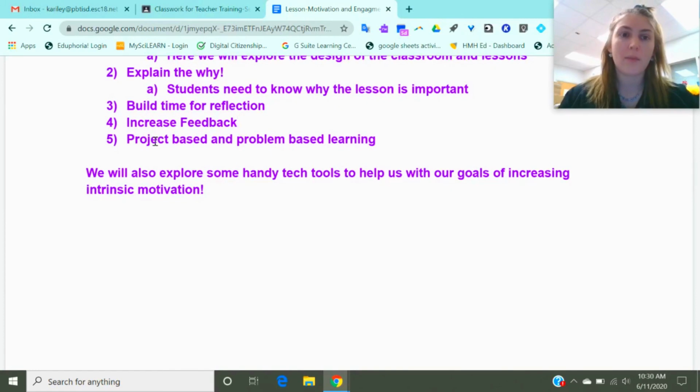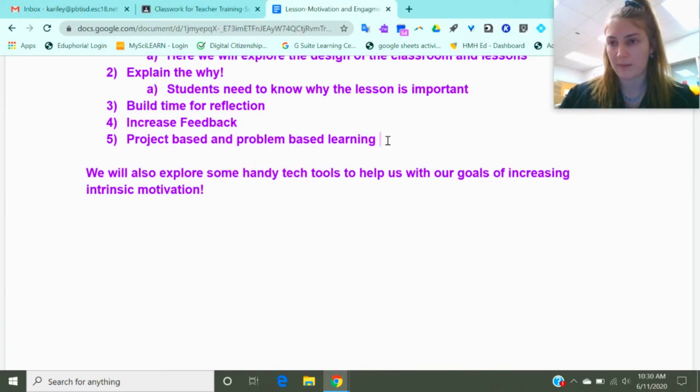And also more project-based and problem-based learning. This can come in the form of just giving kids a way to work with the material and apply what they know. It doesn't have to be anything big, it can just be something small, or just giving them really good questions to answer, in the form of a problem.